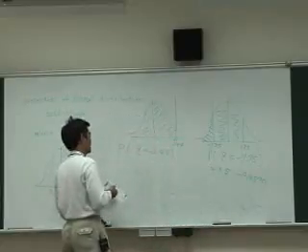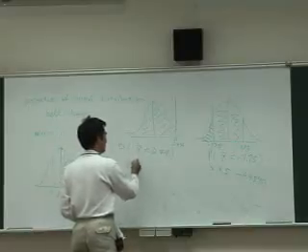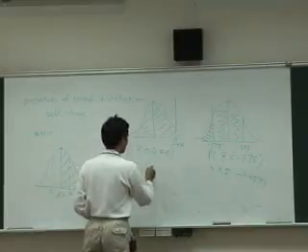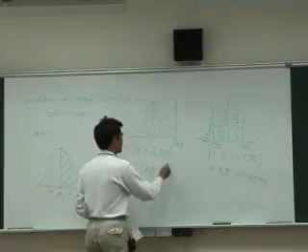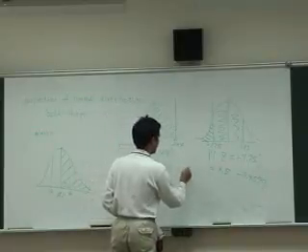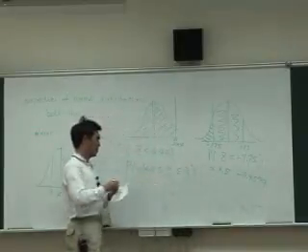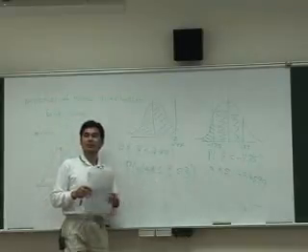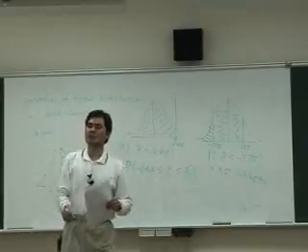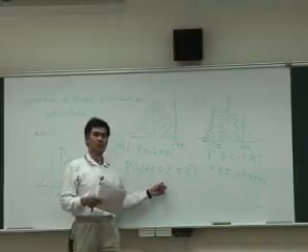Okay, let's try one more. What about this? We are going to find out P, negative 1.64 less than or equal to Z less than or equal to 3. So what's the probability here? So, Mr. Zen, what's the area here?